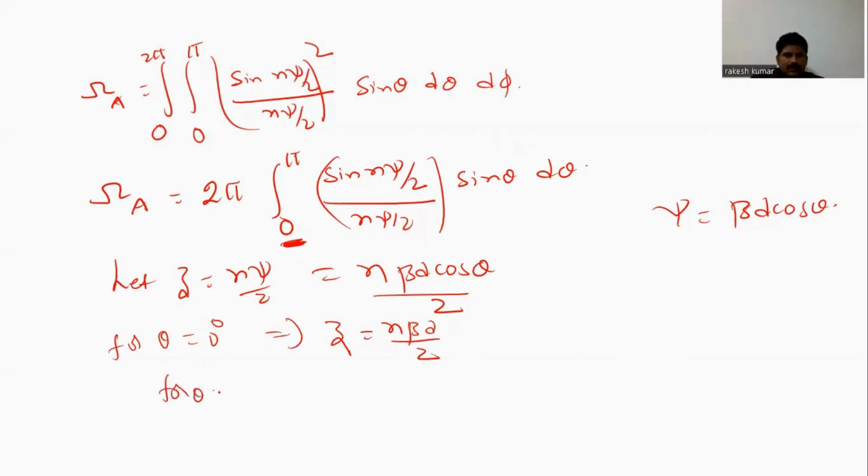Similarly, for theta is equal to pi, or 180 degrees, what is the value of z? z is equal to minus n beta d by 2. So the value of z is n beta d cos theta by 2.